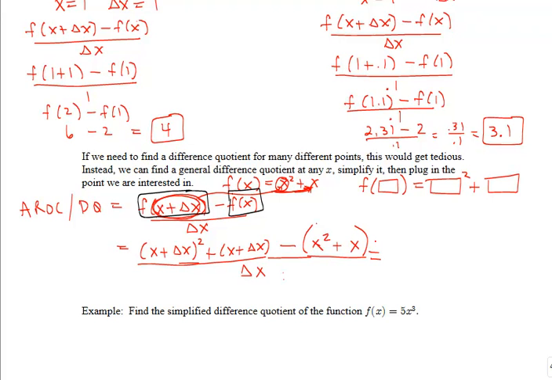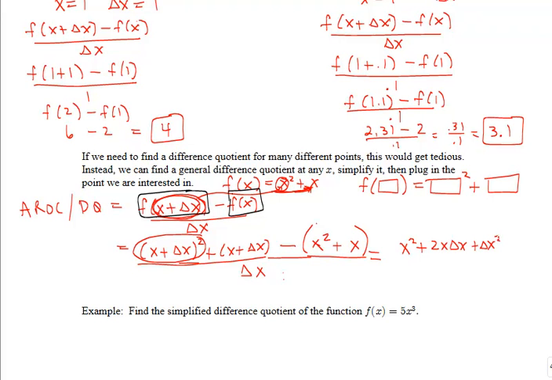I'm going to start by FOILing out this quantity. And remember, when you FOIL, you're going to get a middle term. We're going to get an x squared. Our middle term would be an x times a delta x, but I'm going to get two of those. So I'll get a 2x delta x, and then I'm going to get a delta x squared.